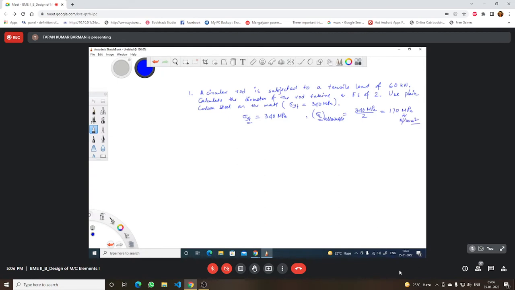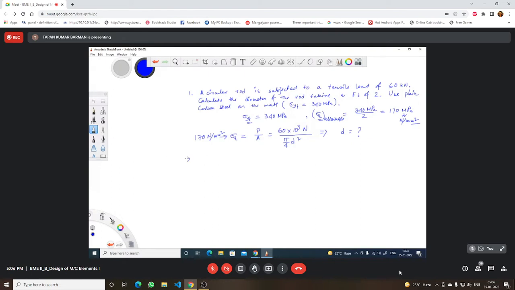Now, since it is basically a tensile load, your sigma T value should be equal to P divided by A, where P is 60 kilonewton, that is 60,000 Newton, divided by area, that is pi by 4 D square. Sigma T is known to us, 170 Newton per millimeter square. So from this equation, you may calculate the diameter. This is very simple.